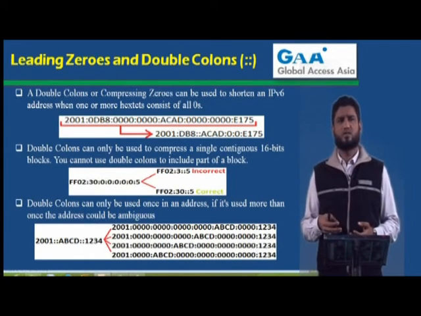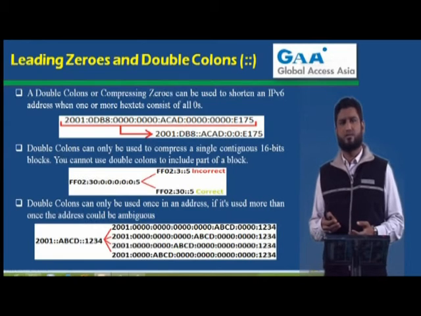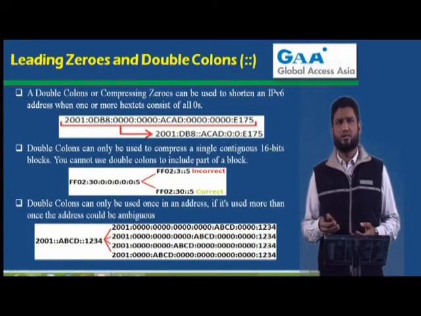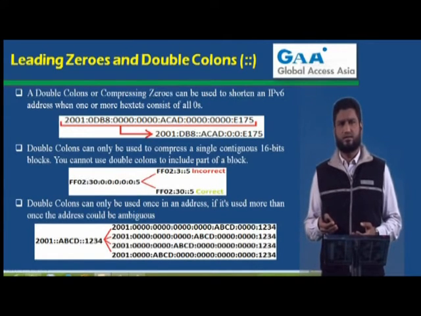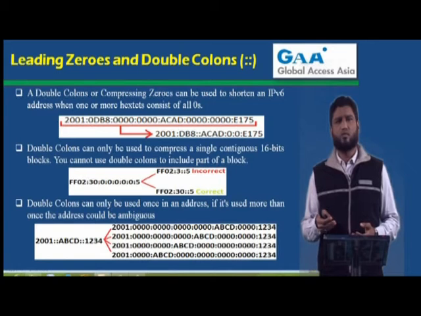The double colon can only be used to compress a single contiguous series of 16-bit blocks. You cannot use the double colon to include part of a block. The double colon can only be used once in an address. If it is used more than once, the address could be ambiguous.